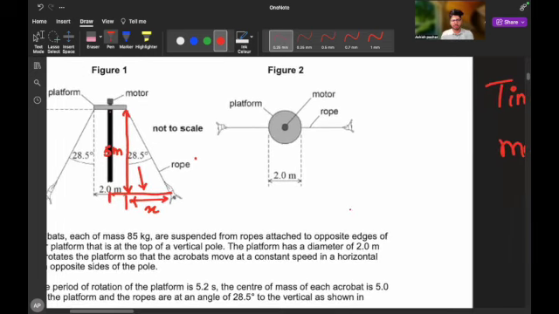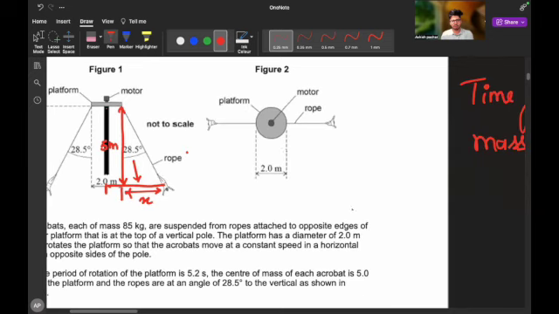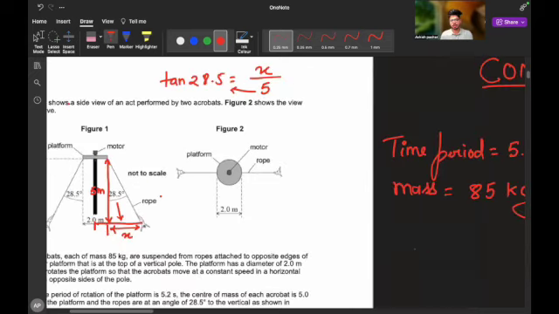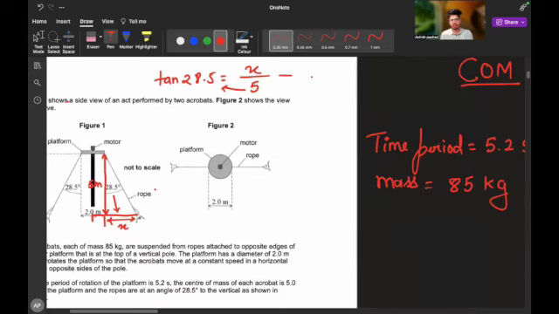So tangent 28.5 is equal to x divided by 5. I can rearrange that and get the x value. So x is equal to 5 tangent 28.5. I will show you the values afterwards.